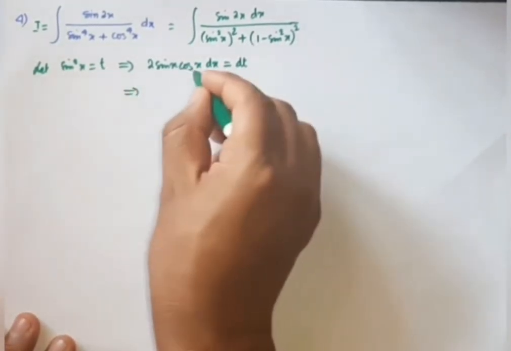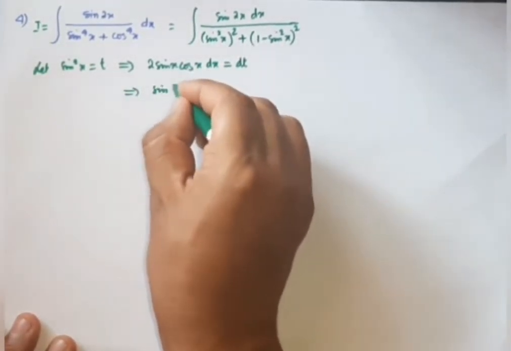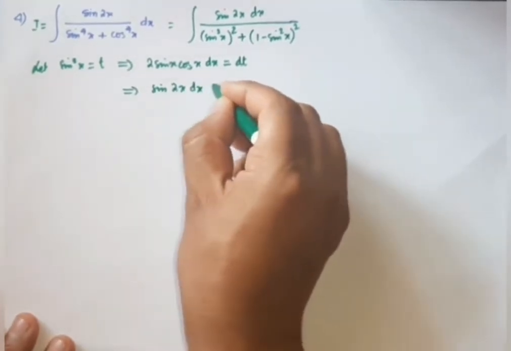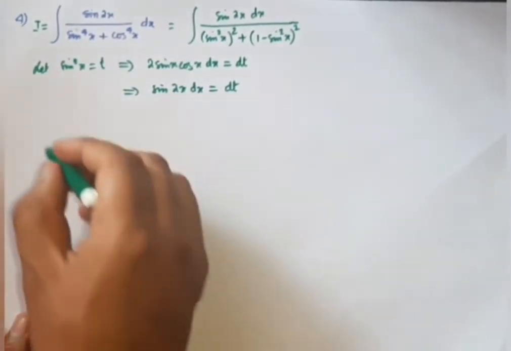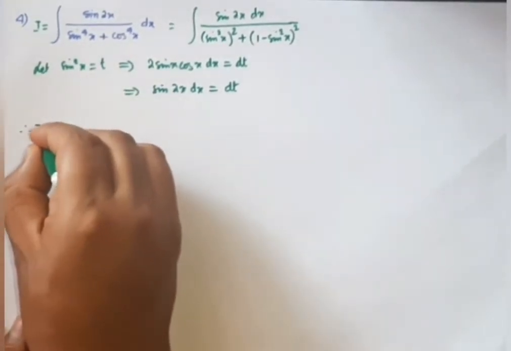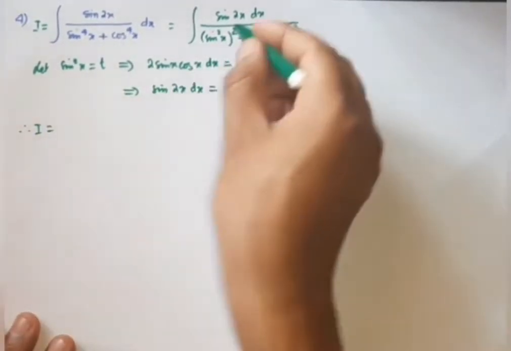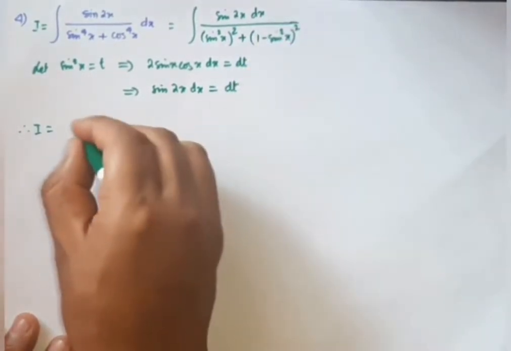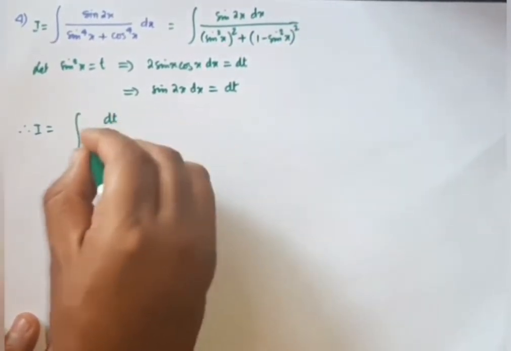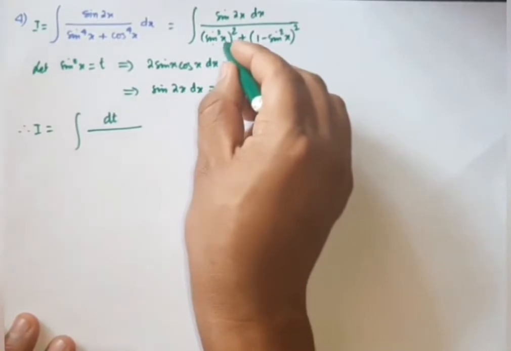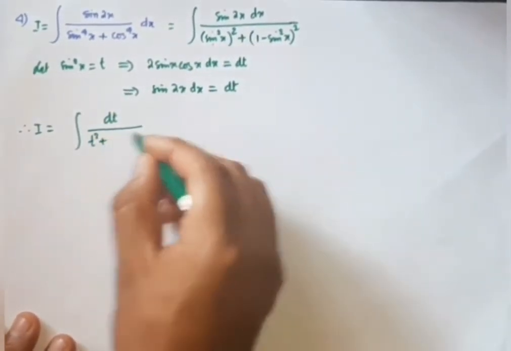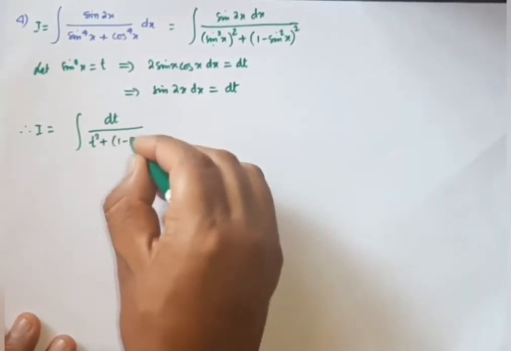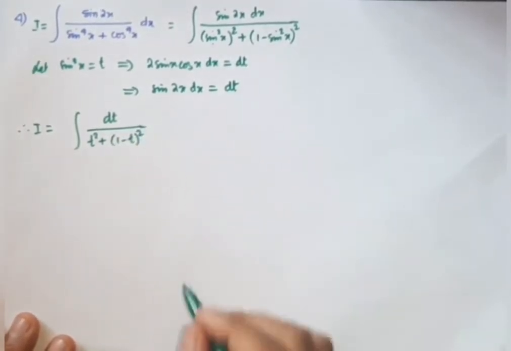This is 2 sine x cos x, sine 2x dx, and sine 2x dx is equal to dt. So let us go back to our integral I. Therefore my I becomes, sine 2x dx can be written as dt, so we have integral dt by, sine square is t, so this is t square plus 1 minus t whole square.